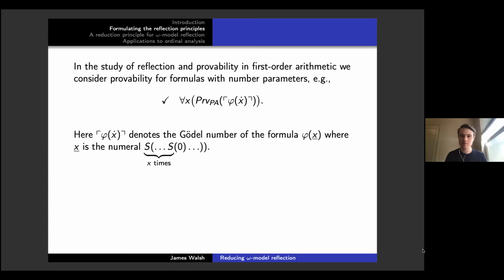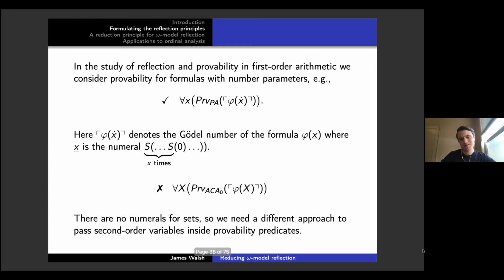So what this is saying is we can prove φ with 0 plugged in, and φ with S(0) plugged in, and so on. The dot bracket φ(x) denotes the Gödel number of the formula φ(x̄), where x̄ is the numeral you get by applying S x many times to 0.